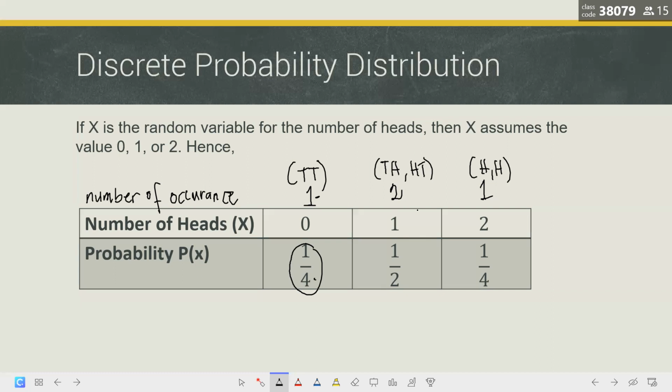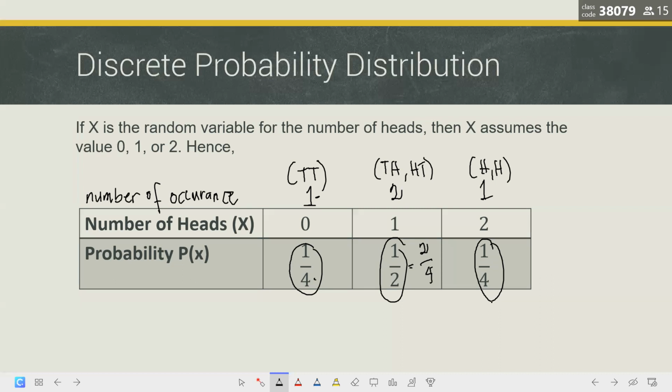So, the correct answer is 2/4, 2 outcomes out of 4 total outcomes or total sample size. And then lowest term natin, that would be 1/2. And same lang din, 1 outcome or 1 occurrence out of 4 outcomes. So, pag 2 head, 1/4.